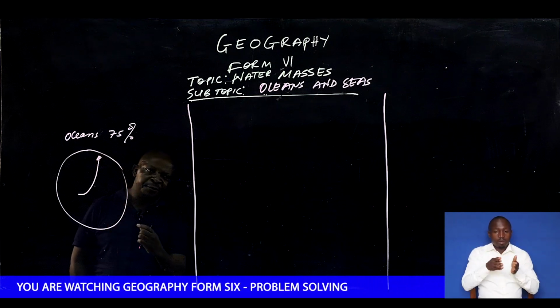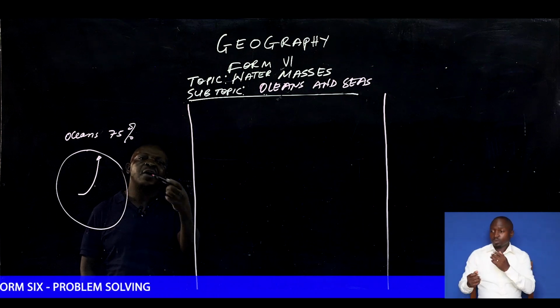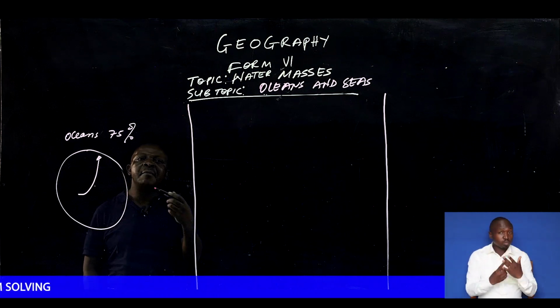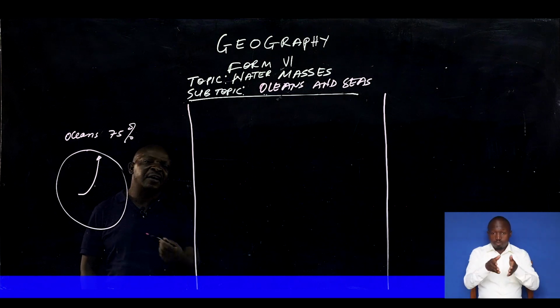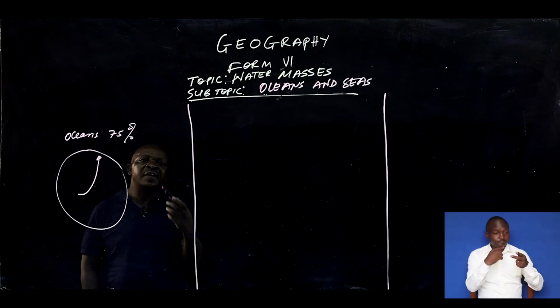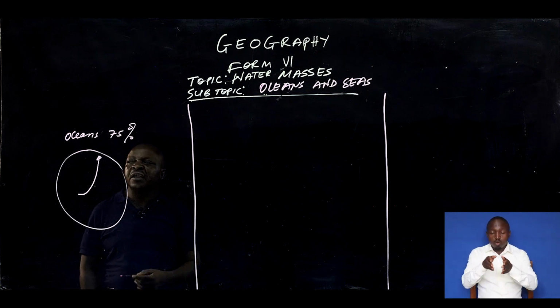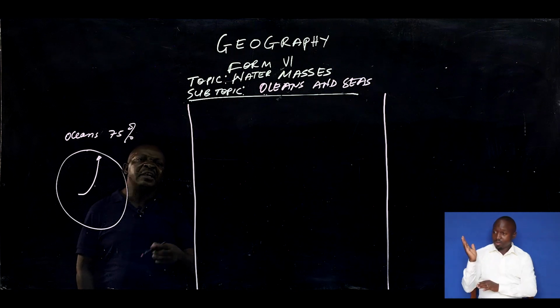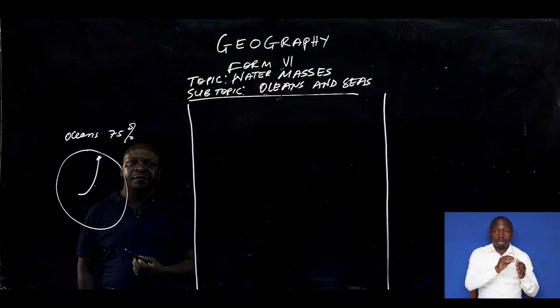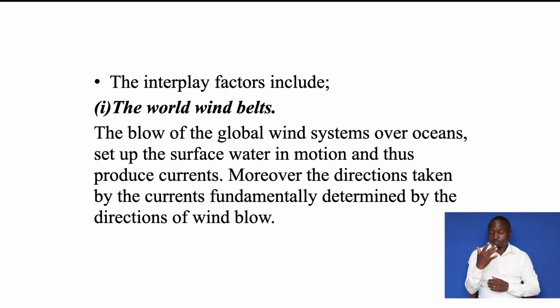It means here, the occurrence and the nature of ocean currents are made by combined factors. So the combined factors for the nature and the occurrence of currents are what we used to call interplay of multiple factors. These are about 5, and they include the following.